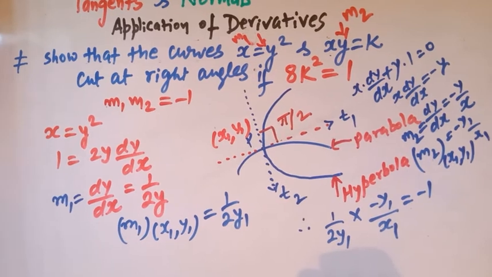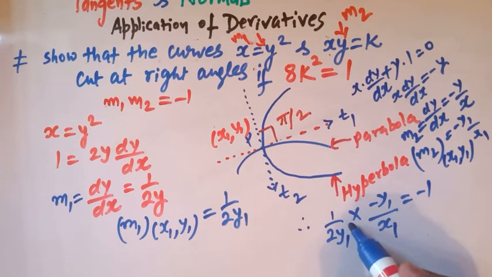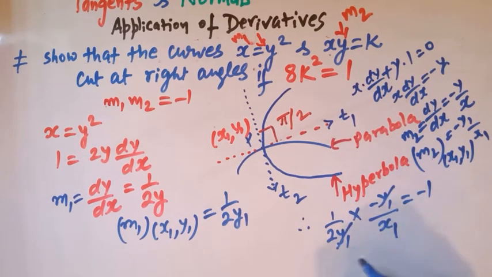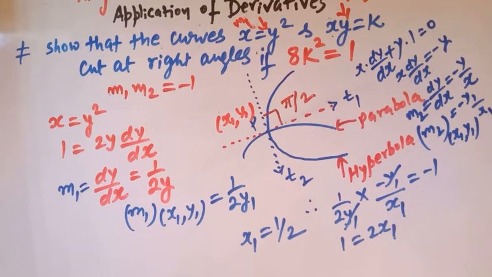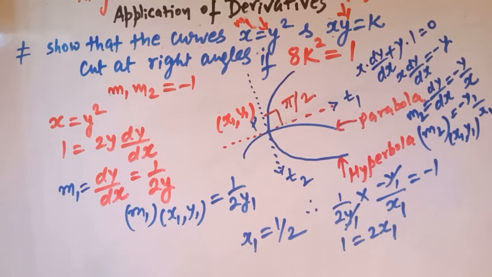Clear? So y1 and y1 get cancelled, minus and minus get cancelled, and we are left with 1 is equal to 2x1, and x1 is equal to half. Clear? So we have got x1 is equal to half.